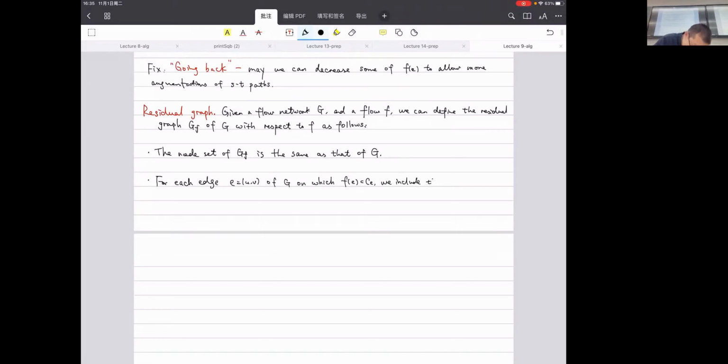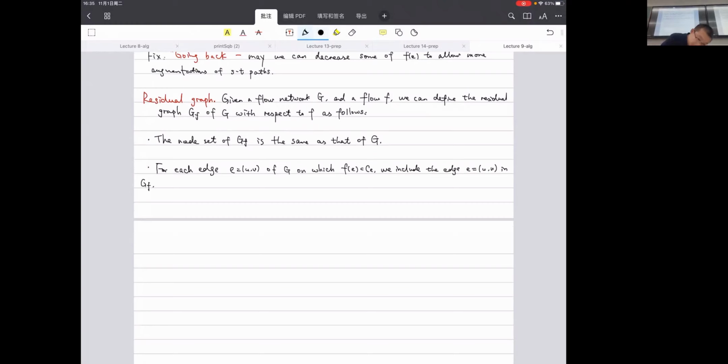We include the edge e = (u, v) in G_F with capacity equal to the remaining value that you can further put along such an edge, that is, c_e minus f_e. According to this intuition, it is very natural to call such an edge a forward edge.